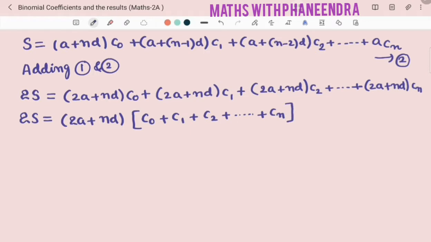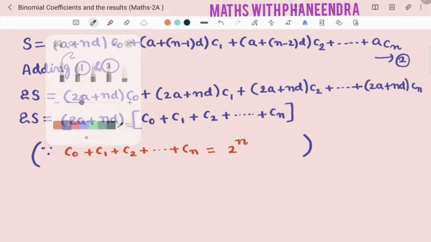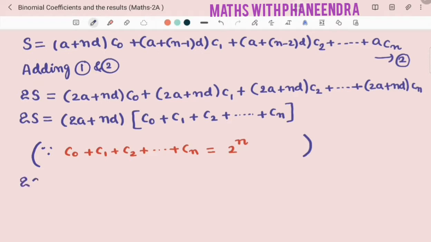We know that C0 plus C1 plus C2 plus and so on Cn is equal to 2 power n. So in place of that bracket value, you can replace with that. So 2S is equal to (2a plus nd), in place of this bracket value 2 power n.